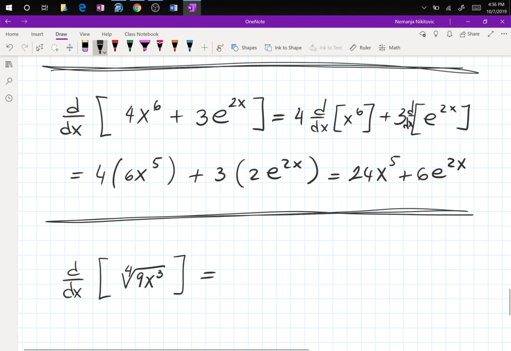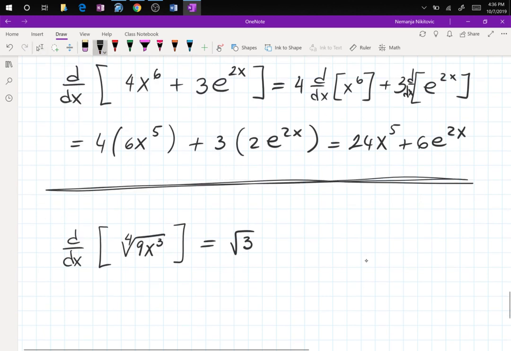So what's the constant that we kick outside? 9. Wait, 9x to the 3rd. Kick that all out. You have a 4th root of 9, and the 4th root of 9 is root 3.